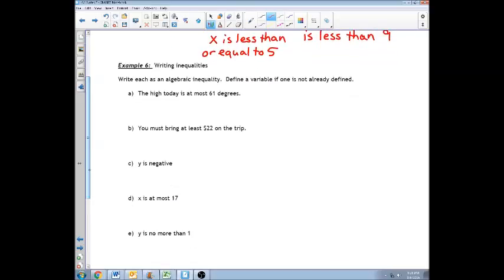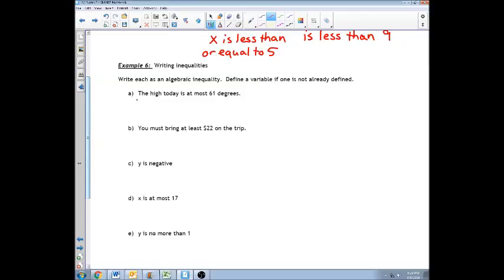Here we have some story problems. We need to take these story problems and write our own inequalities. So basically we're going to flip going the other way. It's going to give us the verbal representation of our inequality, and we need to write the inequality. So the first thing we need to do is define a variable if one is not already defined. It says the high today is at most 61 degrees.